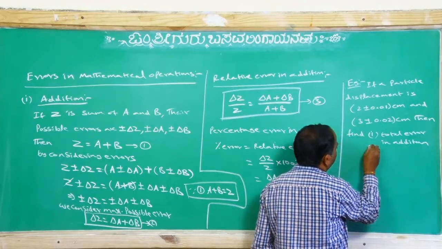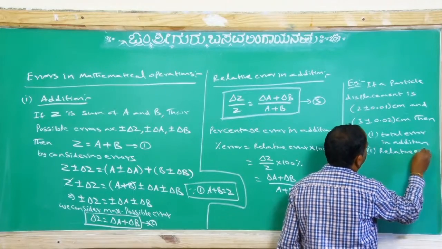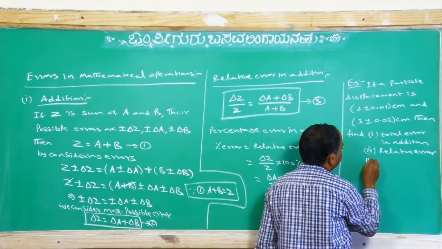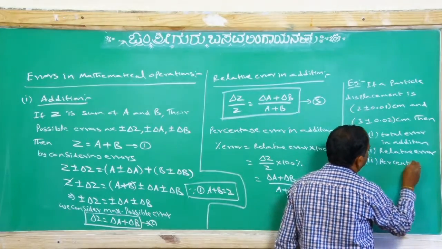Number two, relative error. Next one, percentage error in addition.